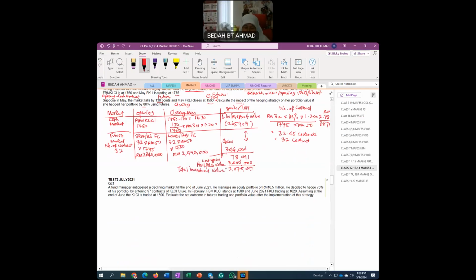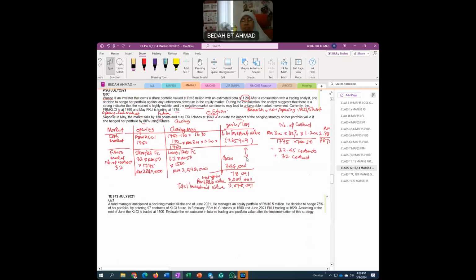So this is the investment value for the fund managed by Wazi, or the fund owned by Wazi in its share portfolio: 3,078,091.